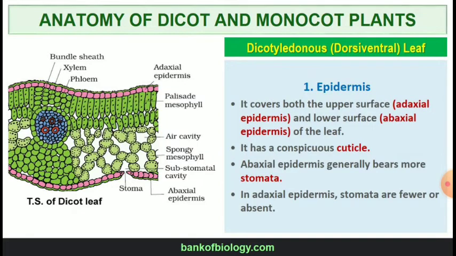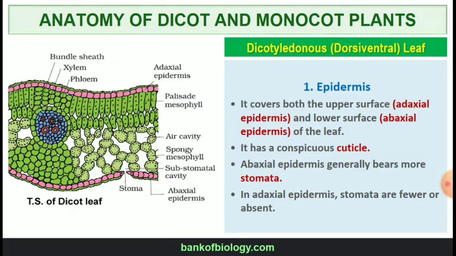Epidermis, it covers both the upper surface and lower surface of the leaf. So both at the upper side and the lower side we have the epidermis tissue. It has a conspicuous cuticle. We have studied cuticle. It is a waxy layer over the leaf surface, avoiding the loss of water. Then we can see that the abaxial epidermis generally bears stomata.